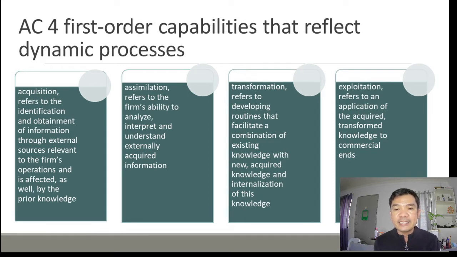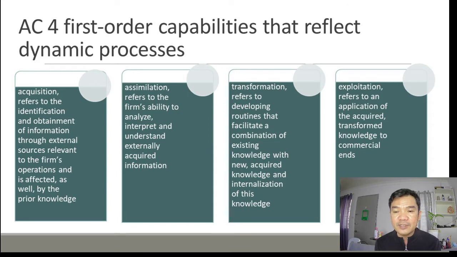The third one is transformation. This refers to developing routines that facilitate a combination of existing knowledge with newly acquired knowledge and internalization of this knowledge. Meaning here we will set up a certain process that will facilitate the combination or the integration of that newly acquired knowledge from outside to be integrated within.